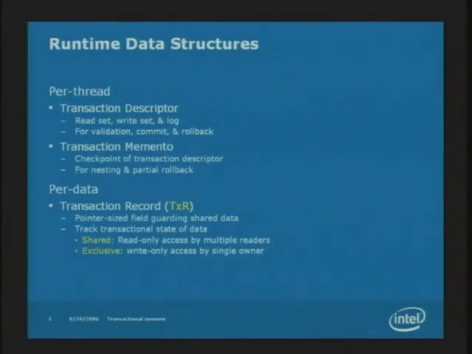And then finally, there's the per-data metadata. This acts like metadata that controls access to the data, and I'll talk more about this and give examples. It controls access to all of the data it protects, and it can be in one of two states.